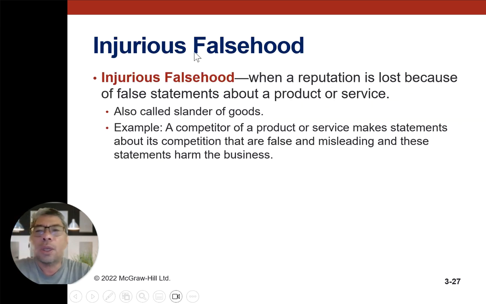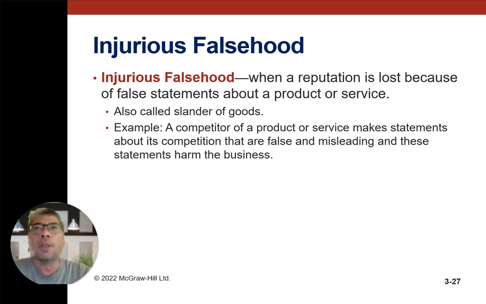Injurious falsehood. When reputation is lost because of a false statement about a product or service, it's also called slander of goods. For example, a competitor of a product or service makes statements about its competition that are false and harm the business.